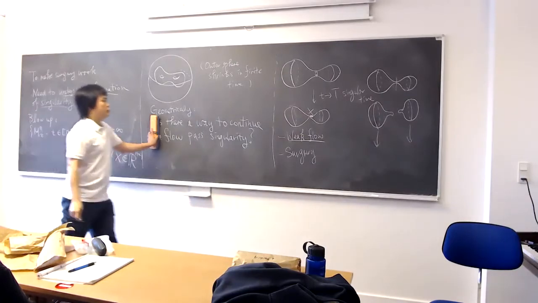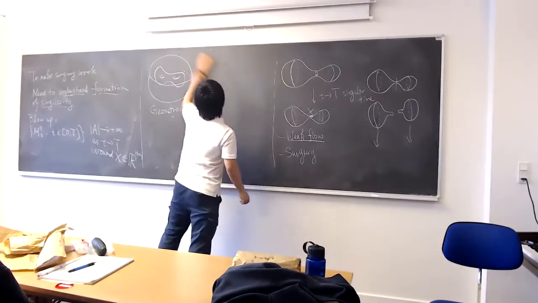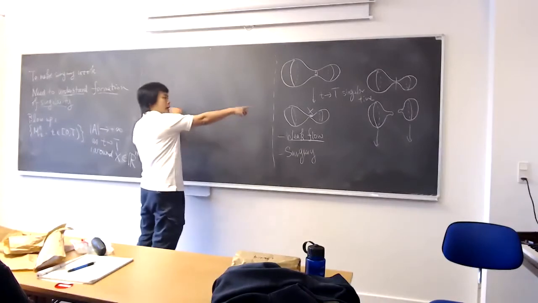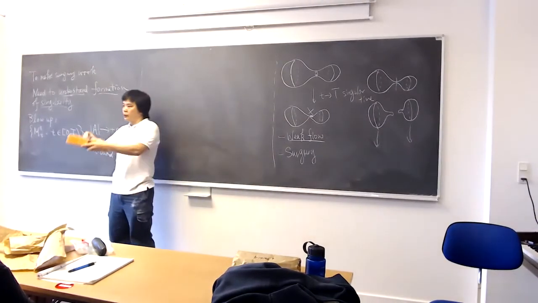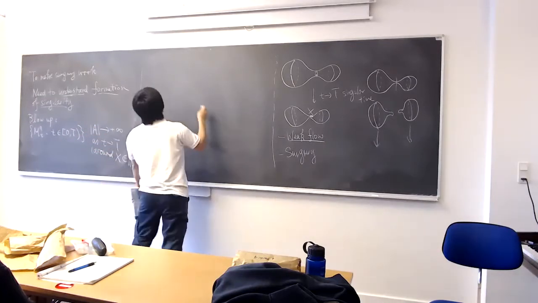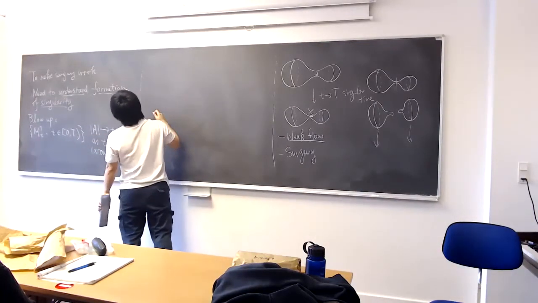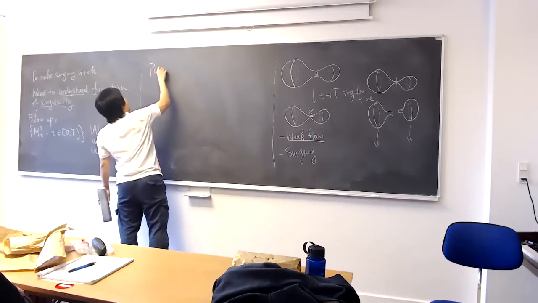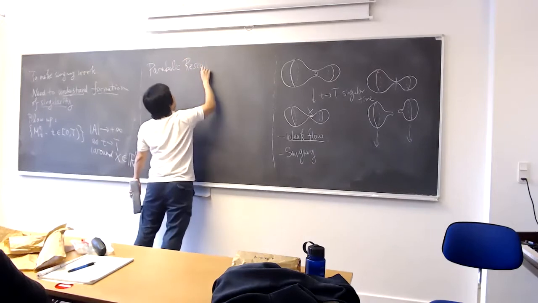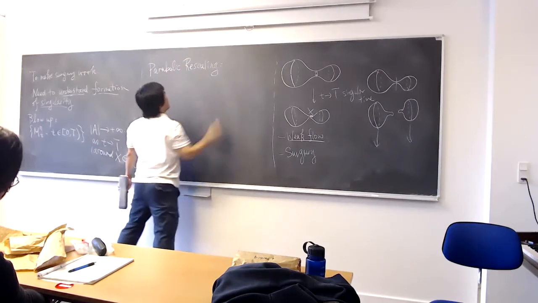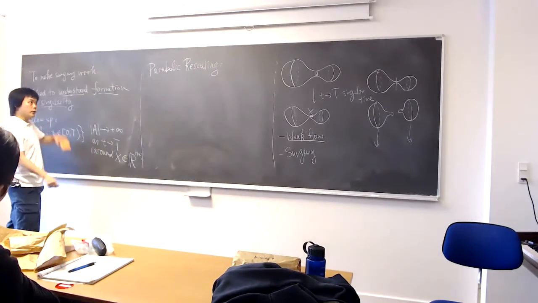So we do a blow-up analysis. First we translate everything to this point, to the capital time, and then we scale it. We'll consider this parabolic scaling, because this is a parabolic equation.